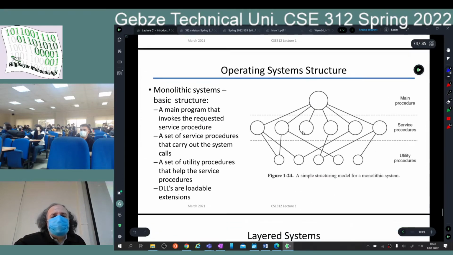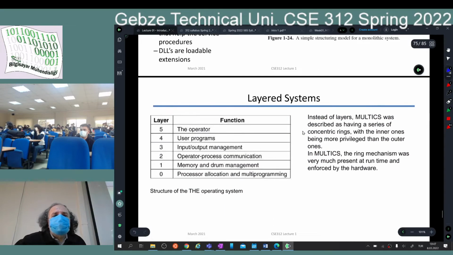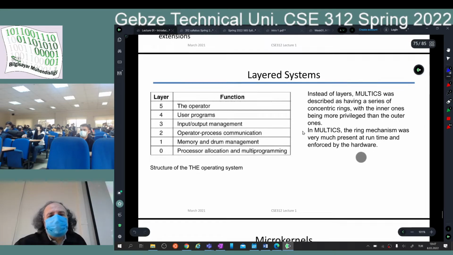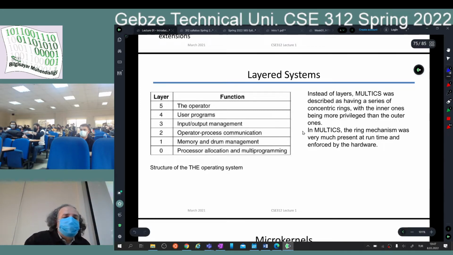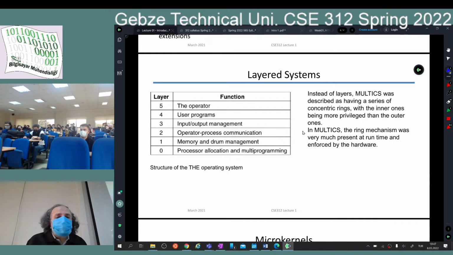People realized this and they started building layered systems, not monolithic. So the operating system has more than one mode, and each mode is more privileged. For example, at the bottom, the processor allocation and multi-programming layer is layer number 0 and it is the most privileged.